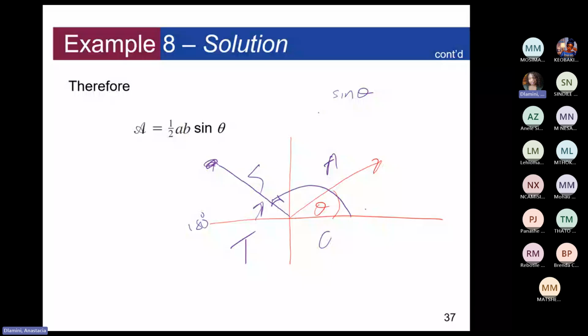Now we go and find the reference angle. In this case, the reference angle will be 180 minus this theta here. So that's sine of 180 degrees minus theta. Do you see that? Yes, ma'am. The answer of the reference angle is exactly the same as the answer of the angle.